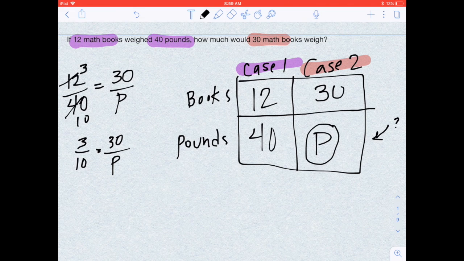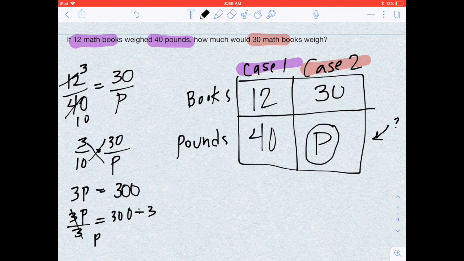Now I'm going to cross multiply, so I have 3p equals 300. To get rid of my 3, I'm going to divide both sides by 3, which gives me p equals 300 divided by 3, and that's going to give me 100. And I need to have a label, pounds. So I'm going to put my 100 here.